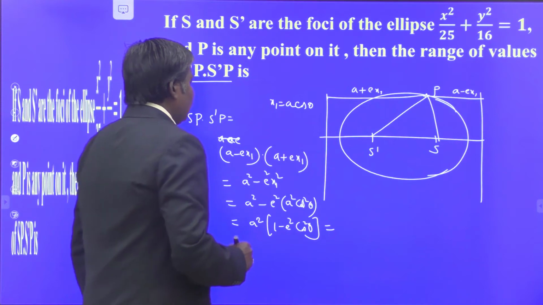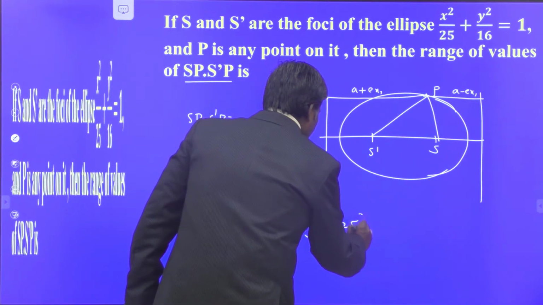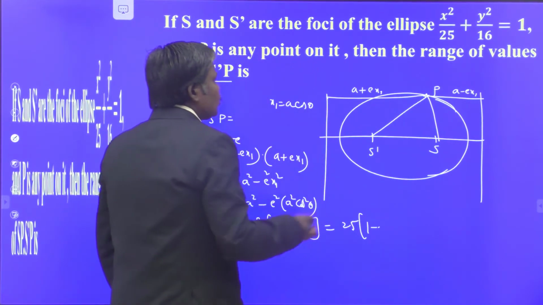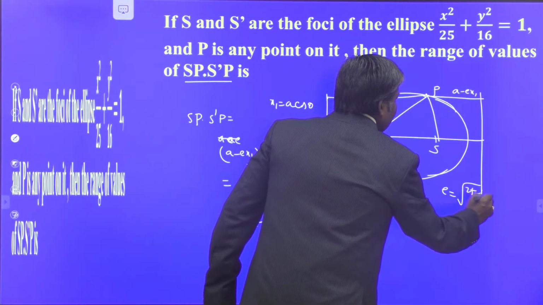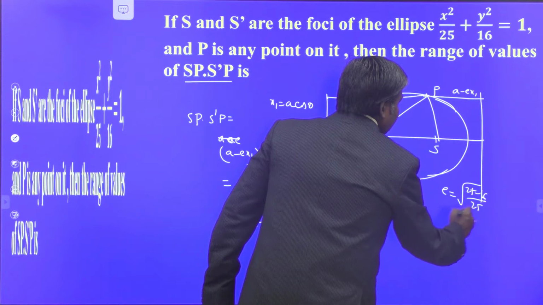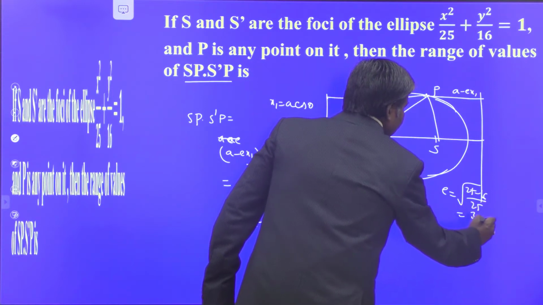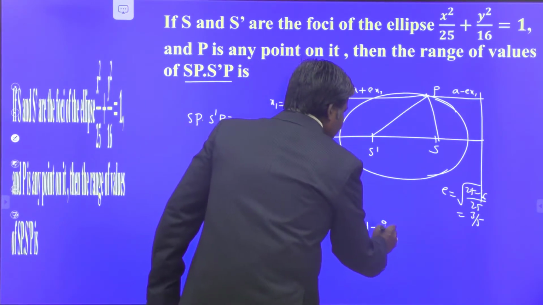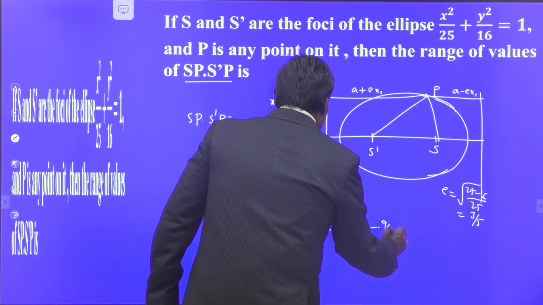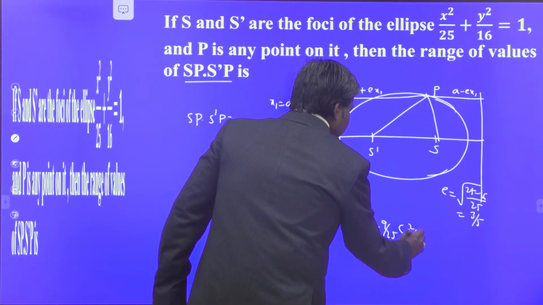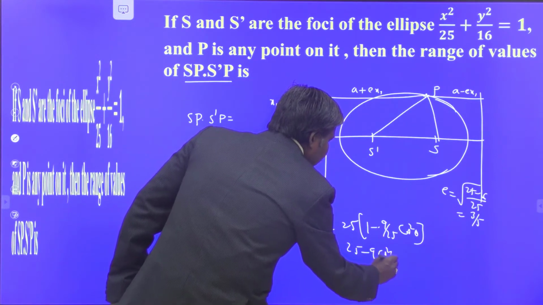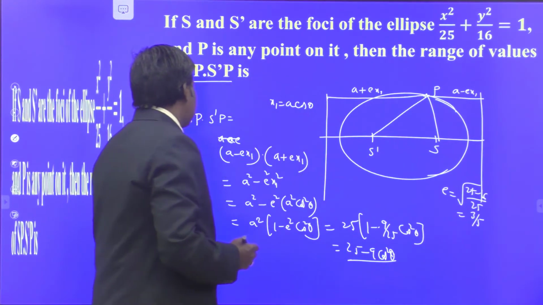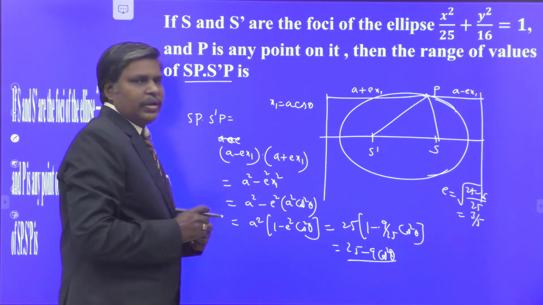What is your A square value? 25. 25 times of 1 minus E square. What is your E? Eccentricity is equal to root of 25 minus 16 by 25, that is 3 by 5. Its square is 9 by 25 times cos square theta. So 25 minus 9 cos square theta. This is your expression, that is SP into S dash P.